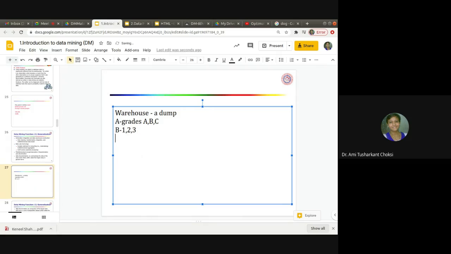Somebody may have given it as X, Y, Z. Now, how to integrate this? Can we have any relation between them? From seeing only these grades, we cannot understand. But say marks distributions are there: for A grade, you can say 9 or 10 out of 10. For B, you can say 8 and 7. And for C, you can say it is 6.